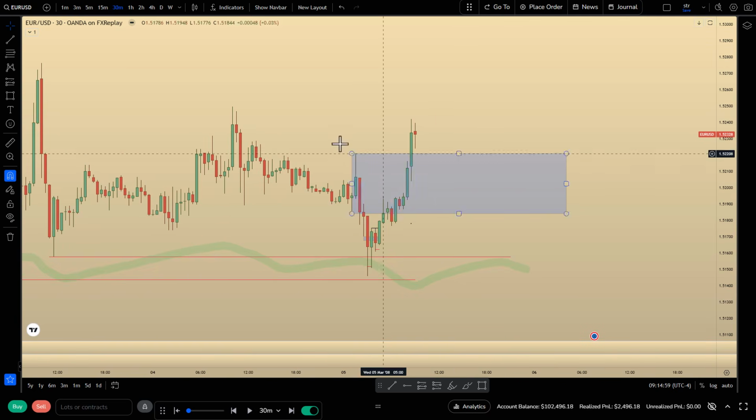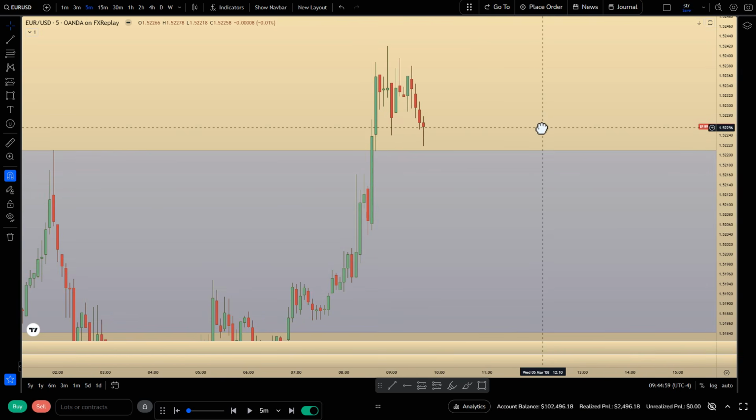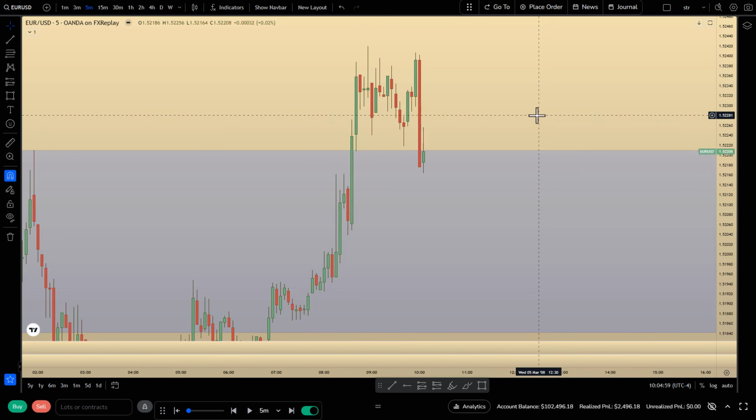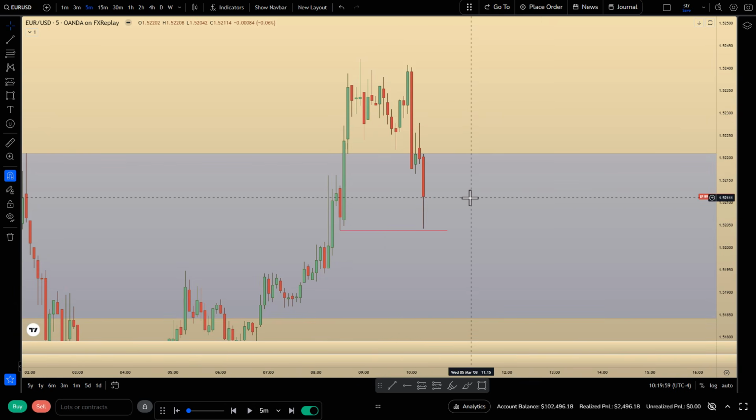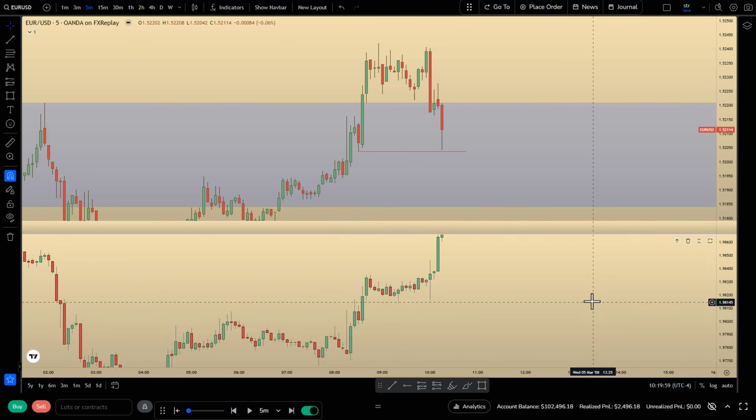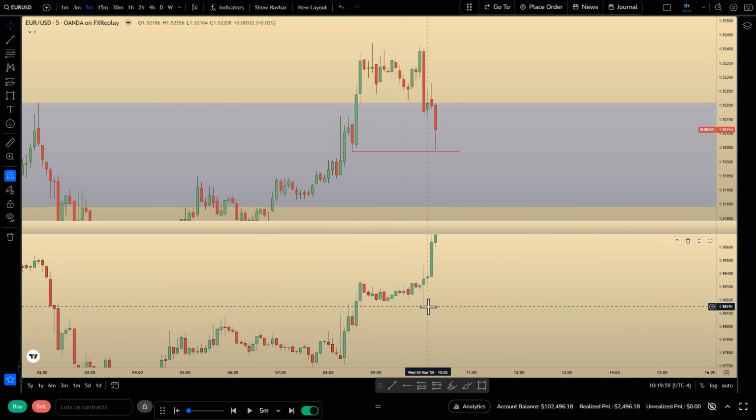We might find support from here. There is no sweep. But we have an SMT on the low from here on GU, alright?